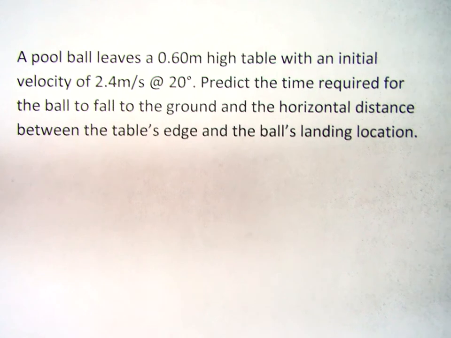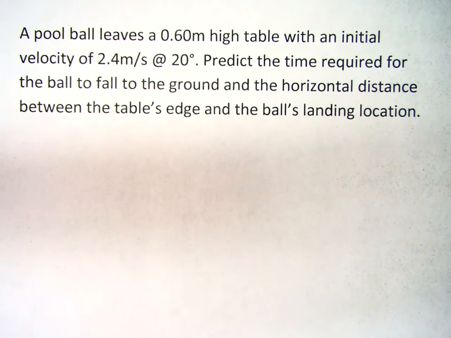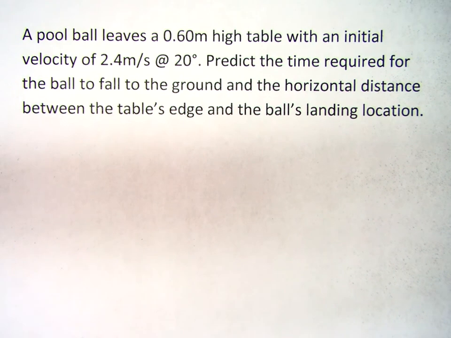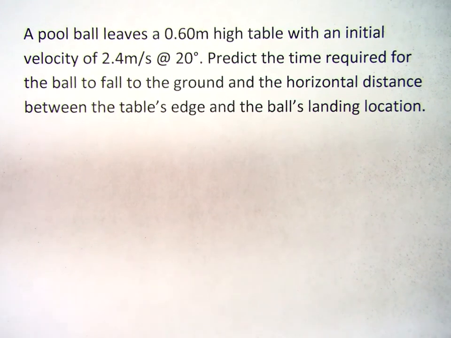Okay, you should have it written down, and whenever you solve problems that are 2-dimensional, you need to somehow enumerate each dimension. I like to make 2 columns and have the givens, the unknown, the equation, substitute, and solution for each dimension in a separate column. So for this problem, we have a pool ball that's going to travel horizontally and vertically.